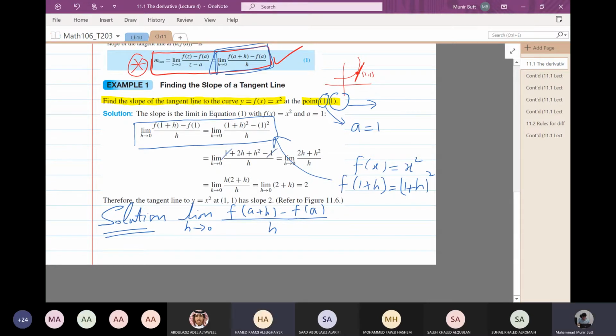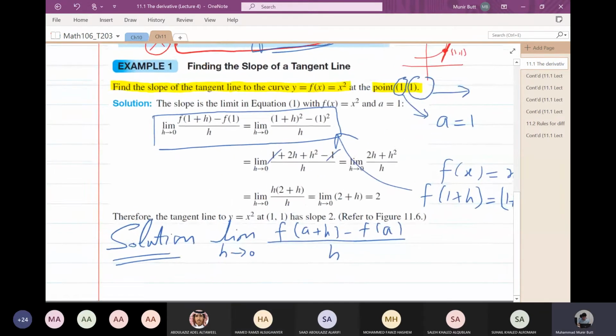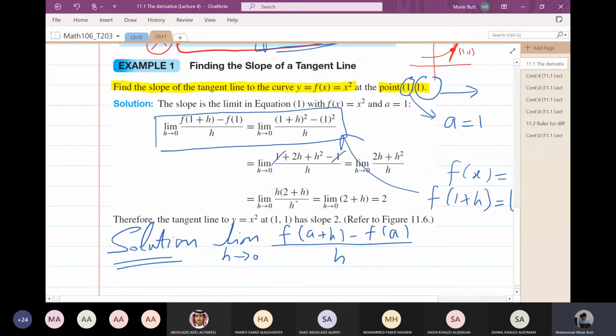And this will be cancelled out. It is just straightforward, and from this you see h is common, and then you apply the limit. You are now experts in limits. This h will be 0 and you will get the answer 2. Any question? Clear.